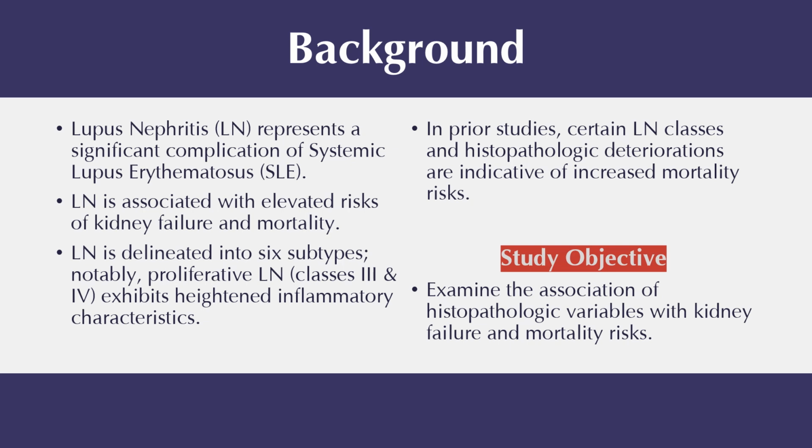Lupus nephritis, commonly referred to as LN, greatly impacts a significant proportion of SLE patients. The importance of understanding lupus nephritis lies in its potential to lead to kidney failure and increased mortality. Among the 6 subtypes, proliferative LN class 3 and 4 display greater inflammatory characteristics.